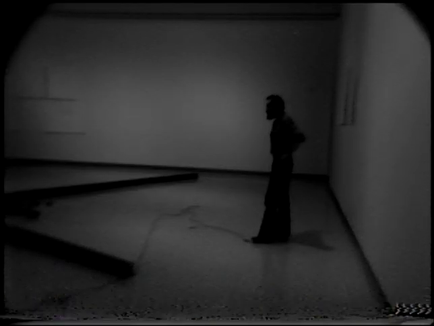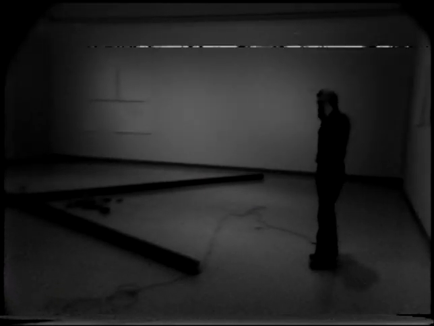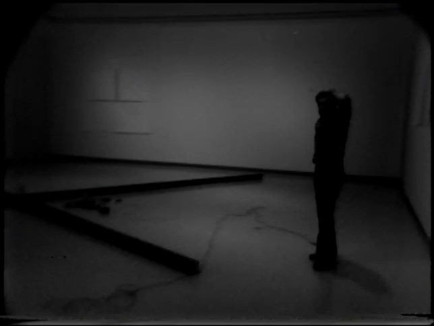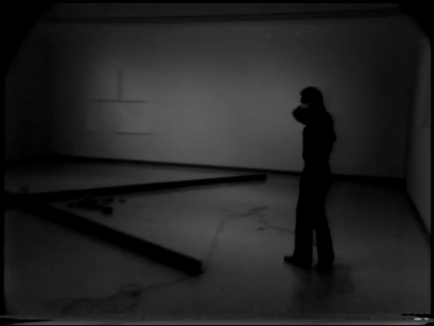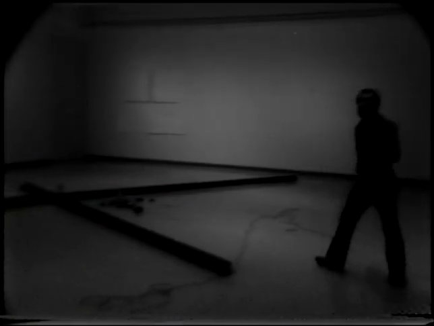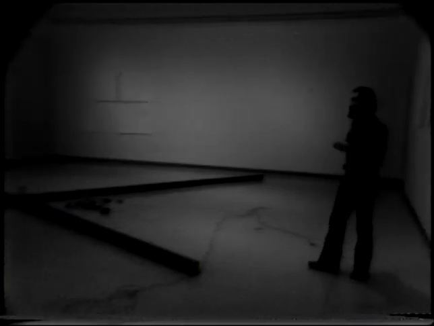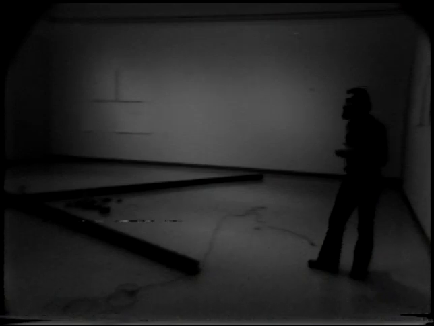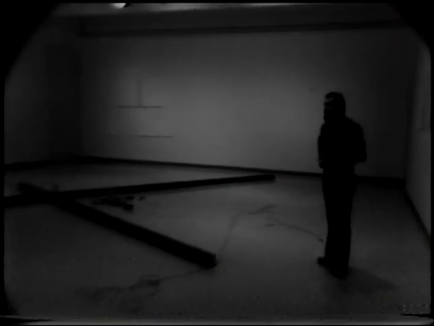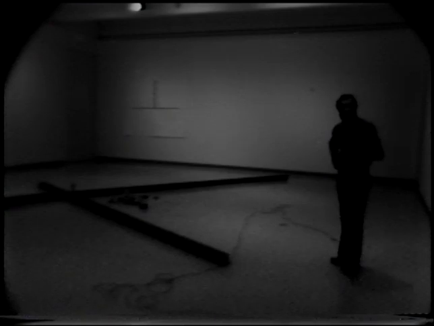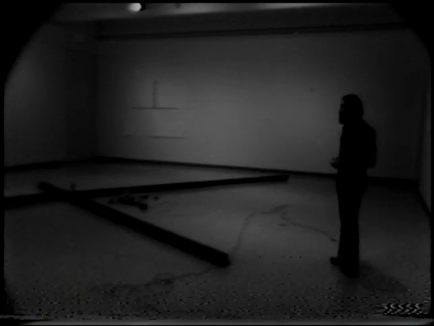But anyway, what I was thinking of with this form is, I guess the starting thing is two different things. One is just an interest in trying to activate space, to make an object which changes the way a room or the space that it's in feels to the person who's seeing it, who's in the room.